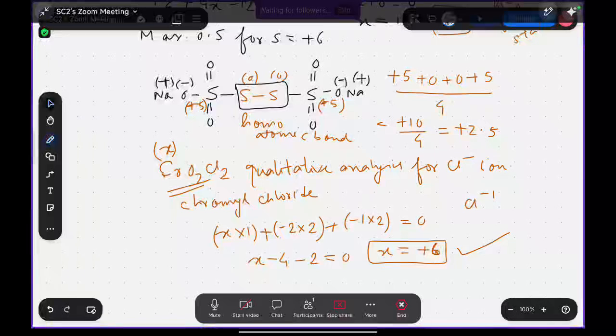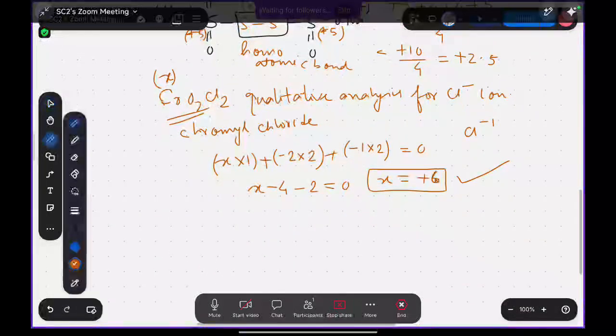Now let's move to another example. Say I consider the oxidation state of sulfur in sodium thiosulfate, Na2S2O3.